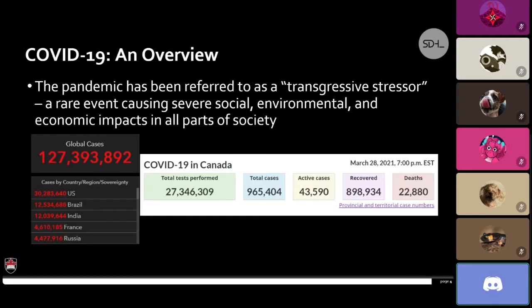Different disciplines have similar concepts as well. My background is in public policy, so we would usually refer to these as critical events and the like. But over about a year and a bit, we've had nearly 125 billion cases reported.